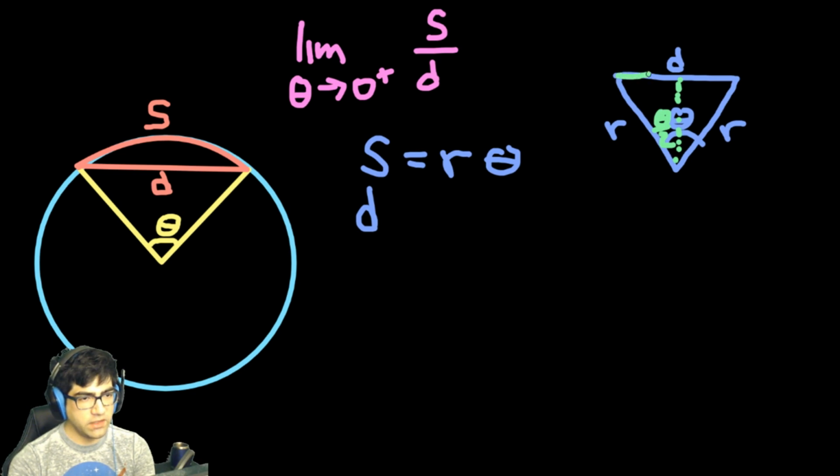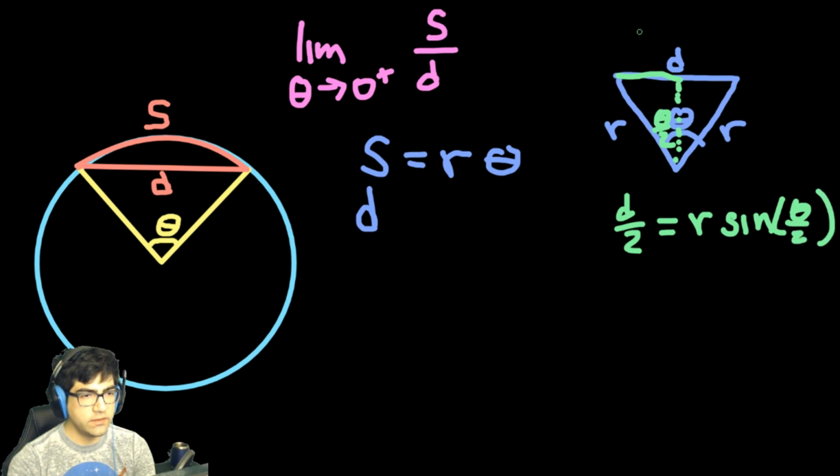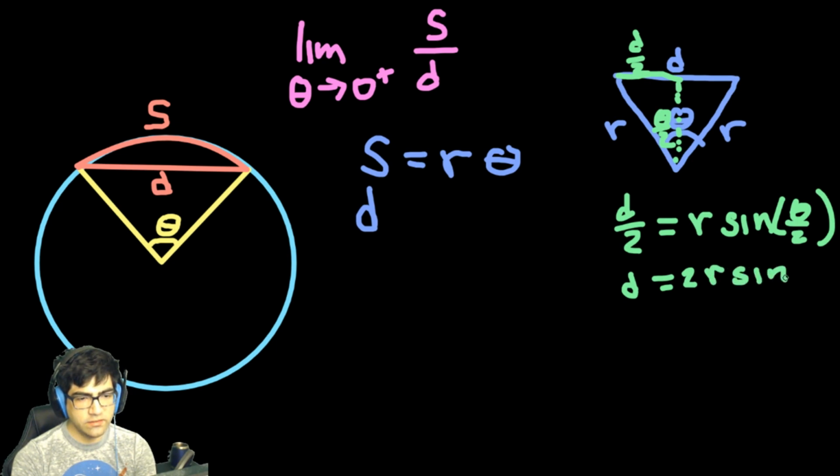This length here is going to be d over 2, and that is equal to r sine theta over 2. This right here is d over 2, which means that we can rewrite d as 2r sine theta over 2.